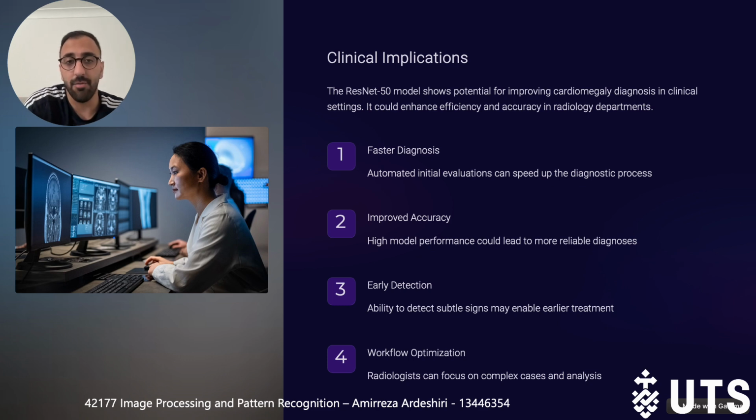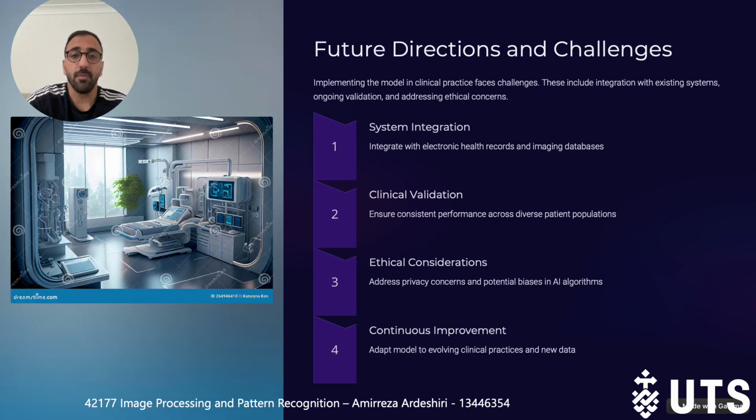Early detection of stable signs, as enabled by the model, could lead to earlier treatments, potentially preventing further complications. Additionally, by automating the initial analysis, radiology departments could optimize their workflows, which would ultimately benefit both doctors and patients.